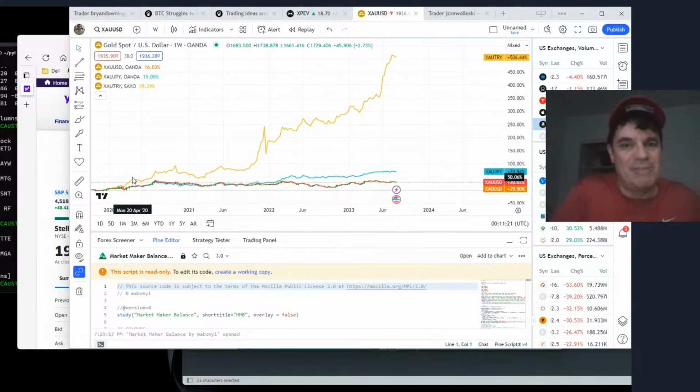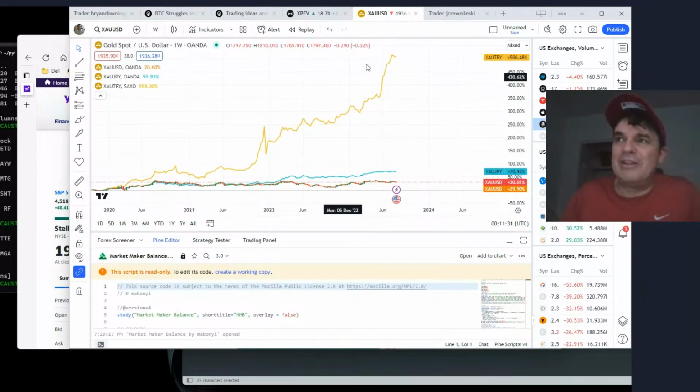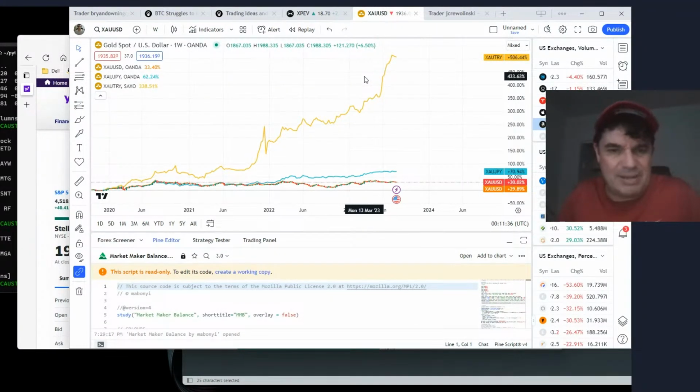So over a 3-year trend, you would have made 506% holding that. And it's a fairly safe trade by the looks of it, because Turkey's inflation is 80% per year. So if you held that and still hold it, you'd be doing very well.